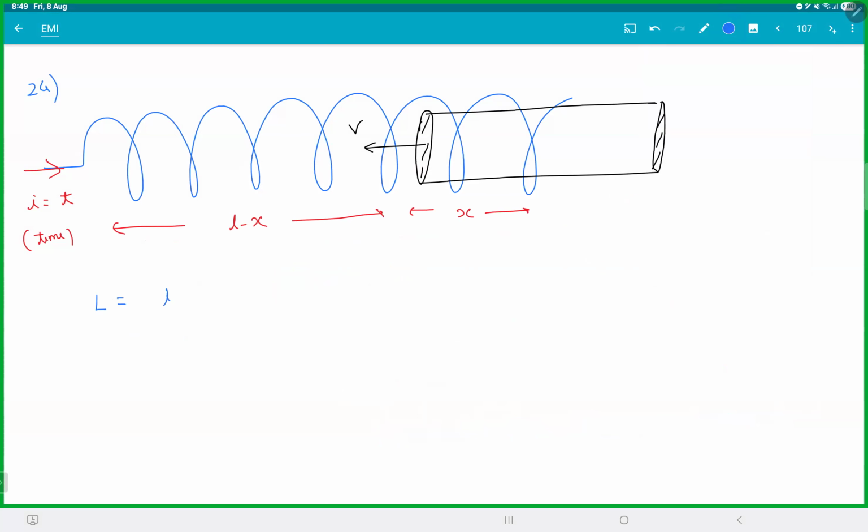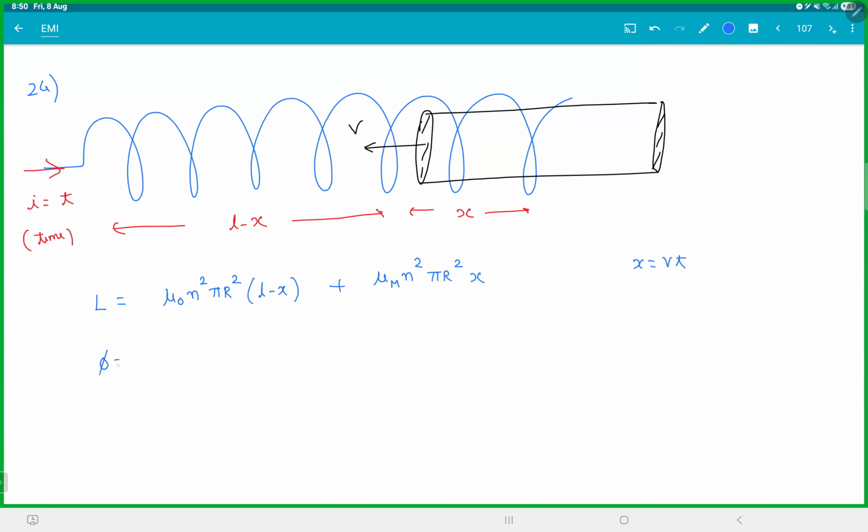Mu naught n square pi r square times the length of the rod, which is L minus x. This is the solenoid in vacuum, plus mu medium n square pi r square x. What is x? Vt. There you got the solenoid.